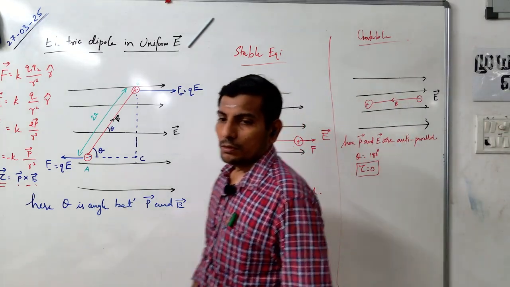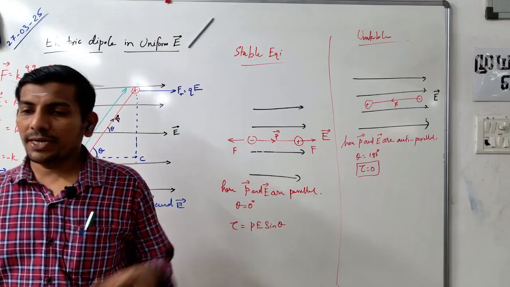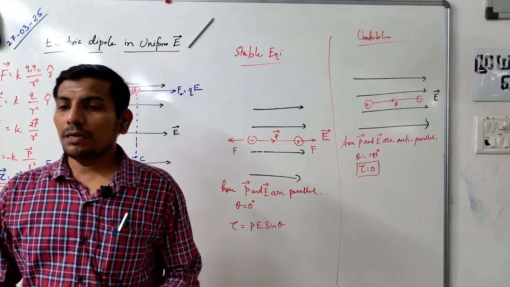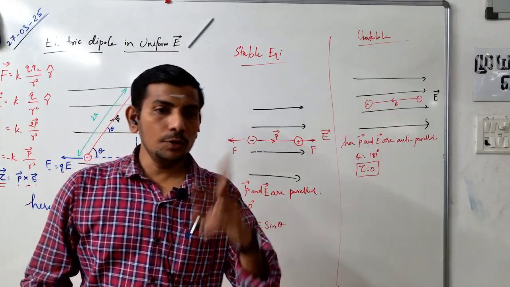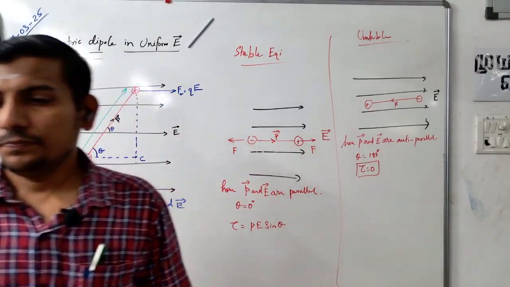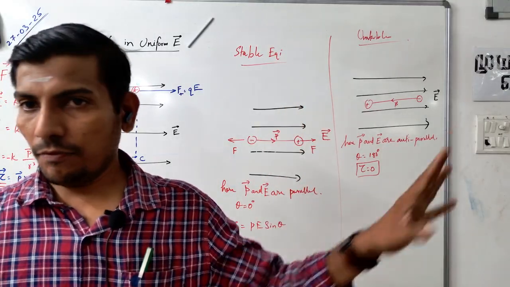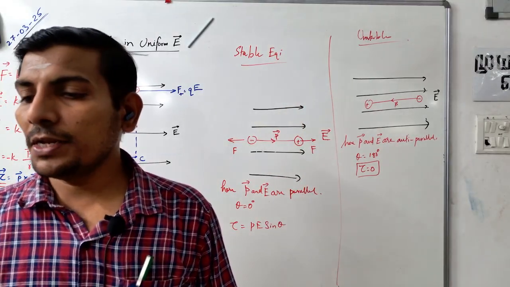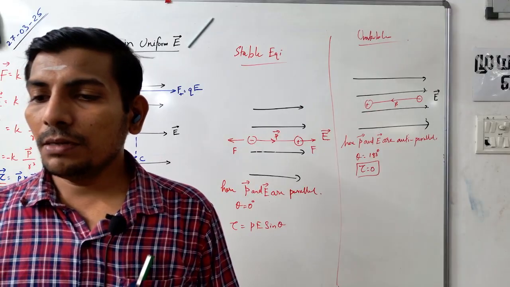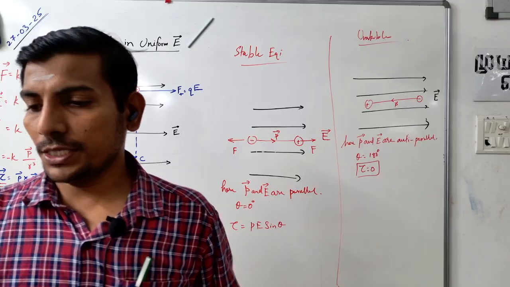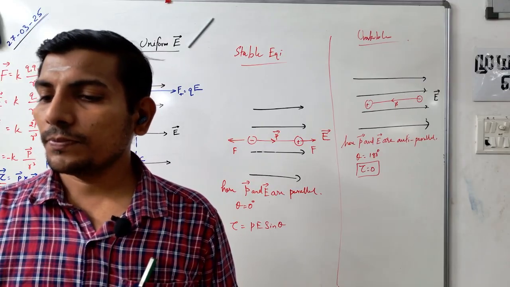That is, the torque experienced by a dipole kept in a uniform electric field becomes 0 under two conditions. What are the two conditions?